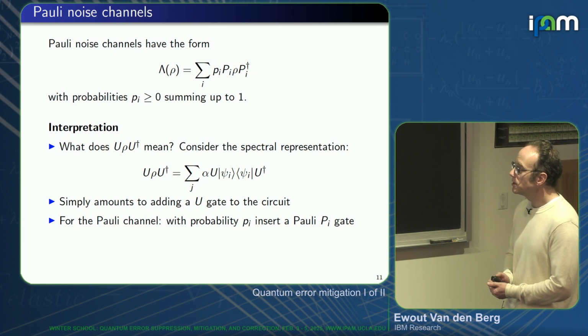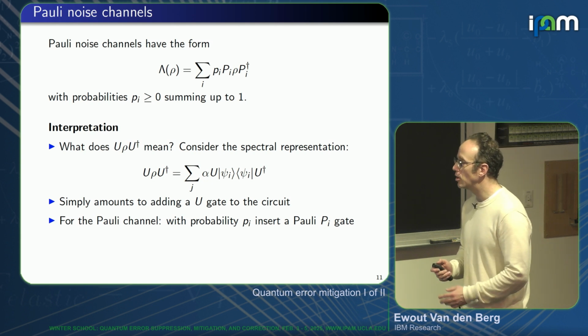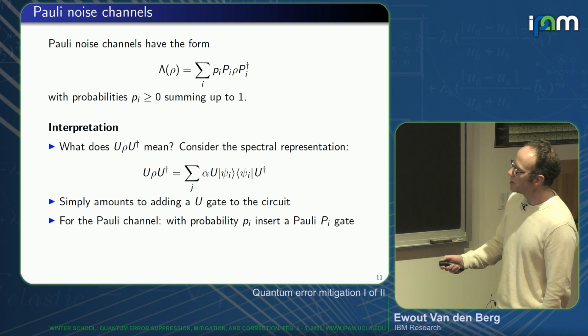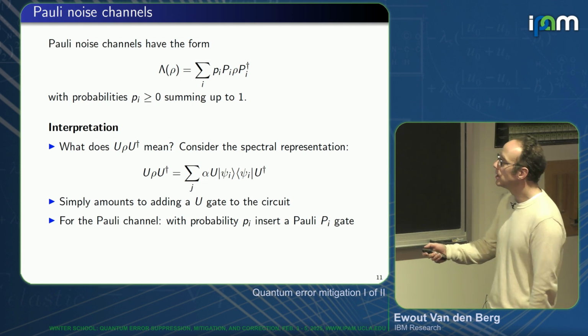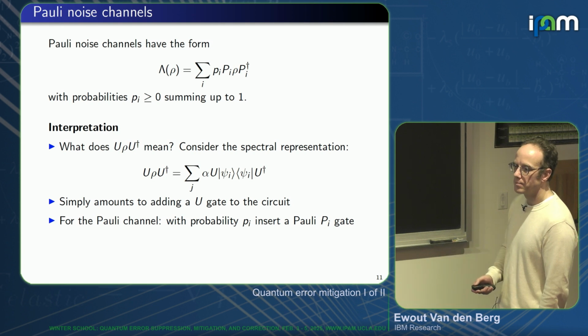Okay, so the main important noise channel in this talk is a Pauli noise channel. And this has the form as follows. So the noise channel applied to some state rho is just a summation of some p_i. This is some probability value. You apply a Pauli P_i on the state.